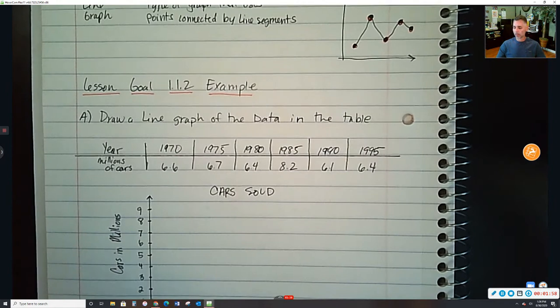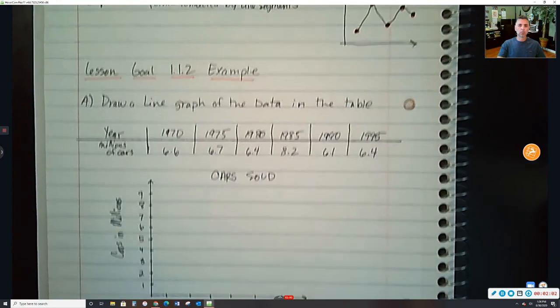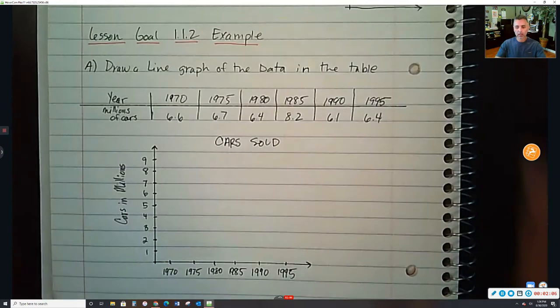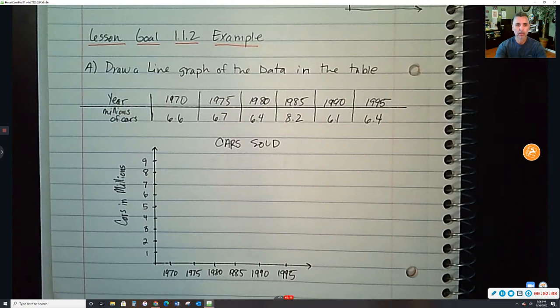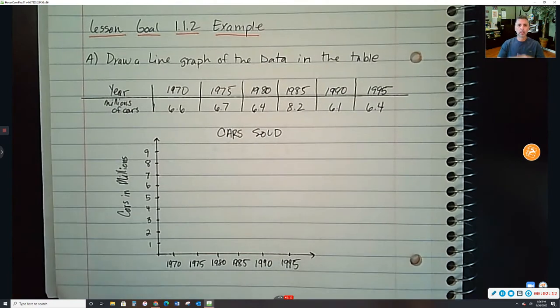We only have one example. We'll go ahead and put it all on there. So there's our example, right? We basically have a bunch of data in a table, and they want us to draw a line graph that represents that.